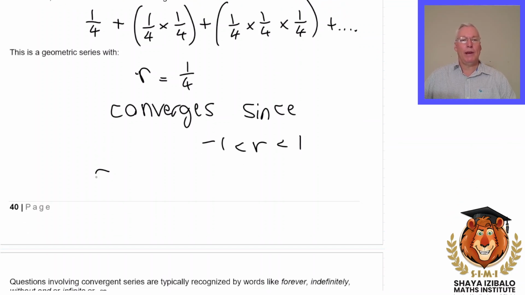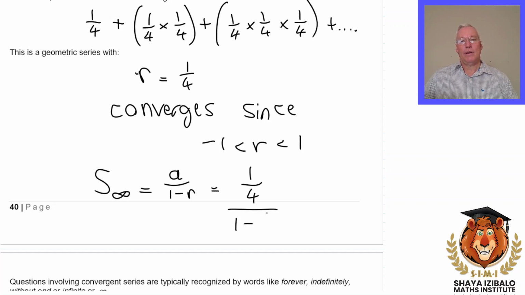We can use our formula, and our sum to infinity formula is a over 1 minus r. Right, and so what we get, a is a quarter over 1 minus a quarter. It's actually a quarter over 3 quarters. It's 1 quarter divided by 3 quarters.